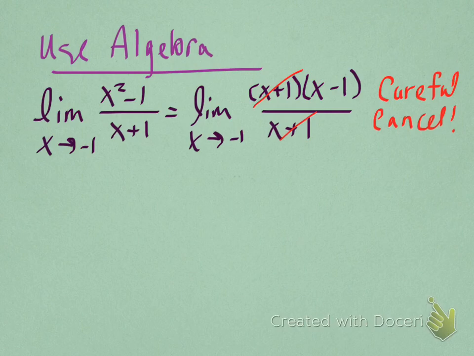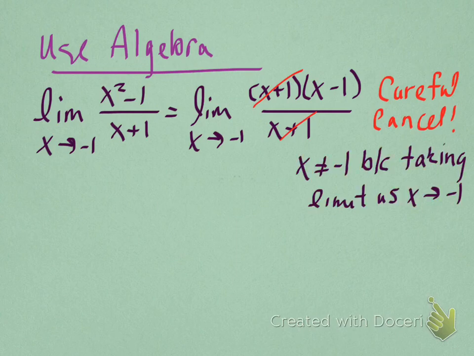Remember, I can only cancel things if I make an argument as to why they are not equal to 0. And the reason x plus 1 is not 0, which is equivalent to saying x is not equal to -1, is because we are taking the limit as x approaches -1, which means x never actually equals -1.